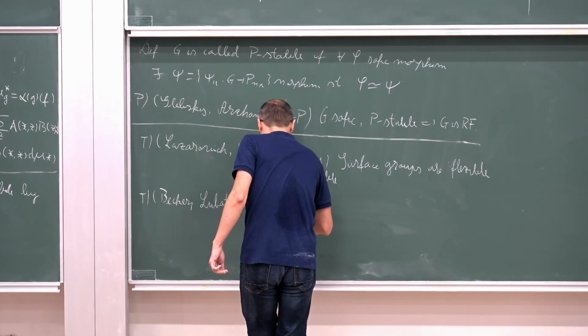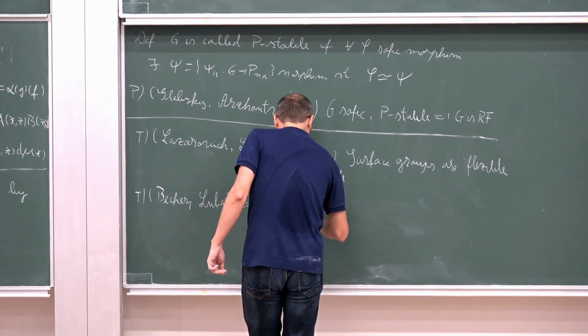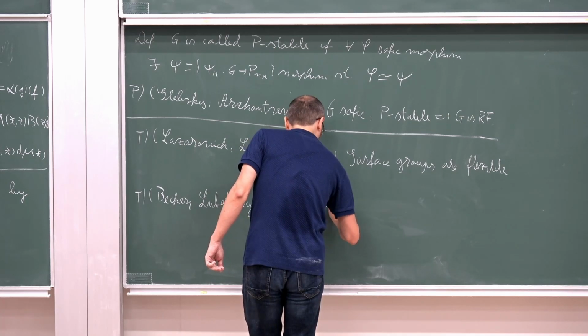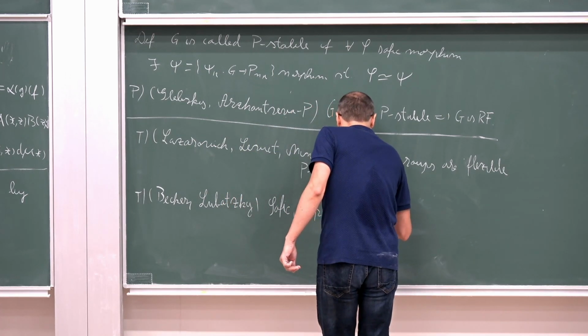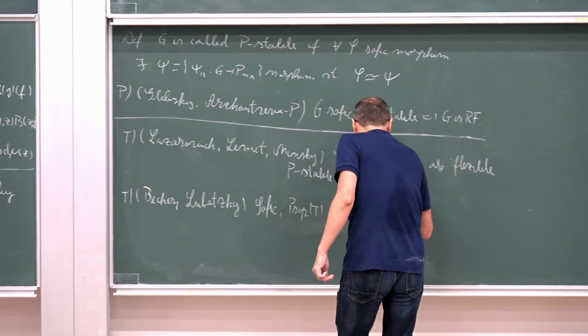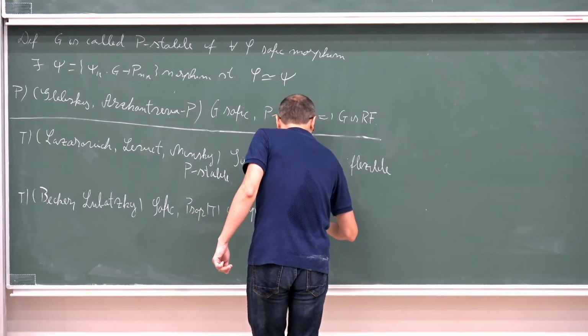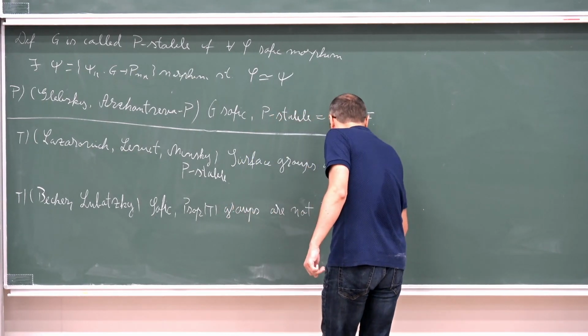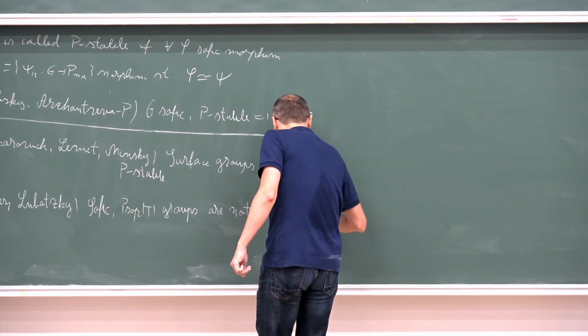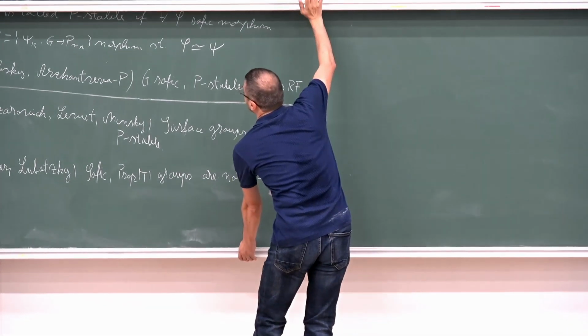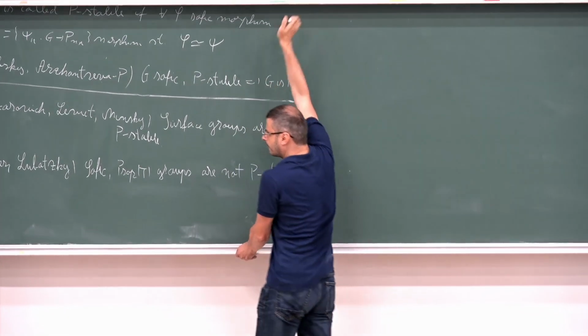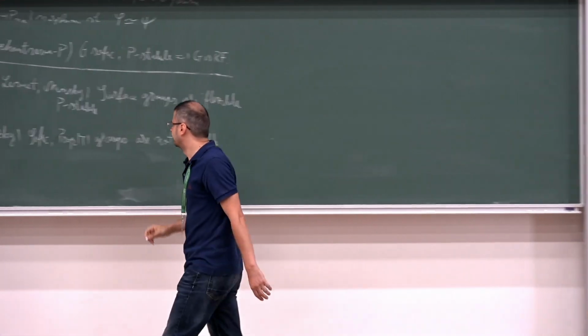Sofic property T groups are not P-stable. So how do they prove this?